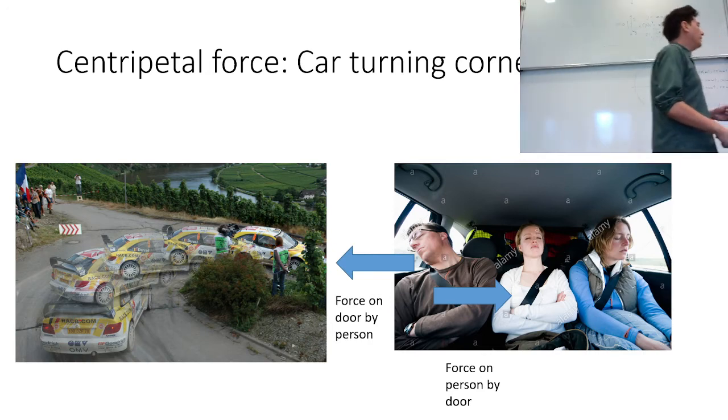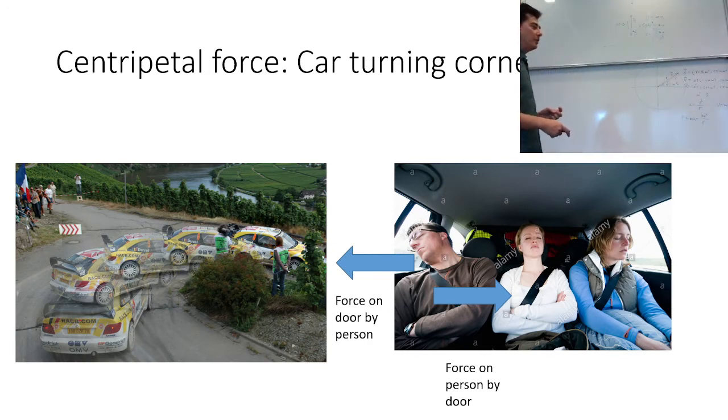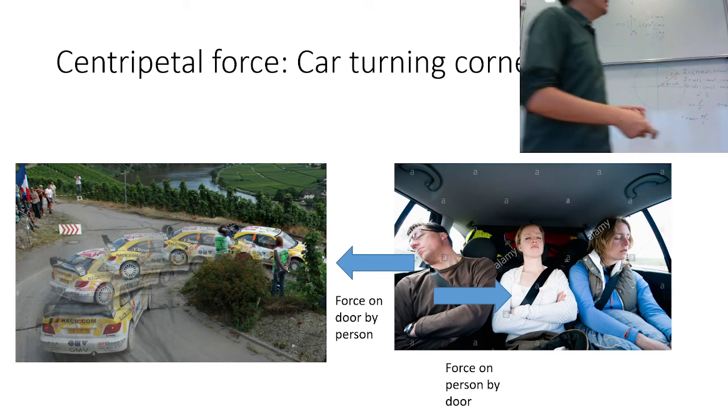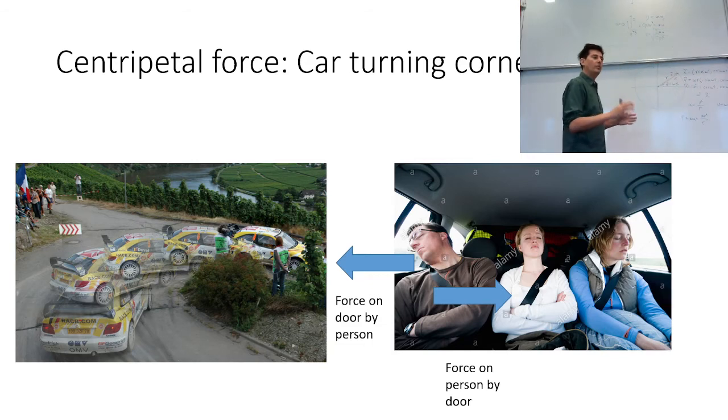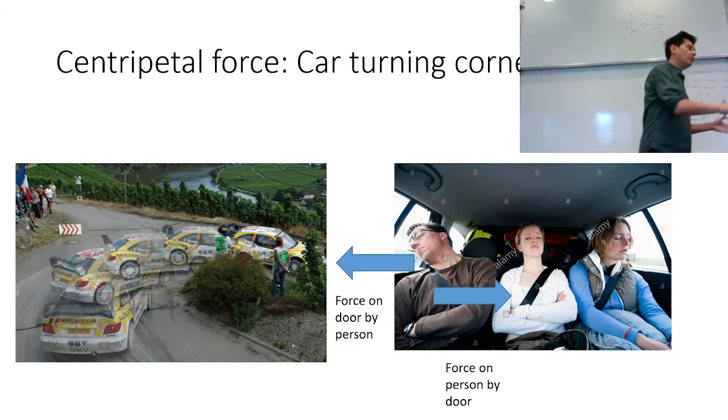So what is happening with this in terms of this centripetal force? The reason why you go the opposite direction, if you like, is that you can view it in terms of Newton's first law: things, unless acted on by a force, will continue to go in that direction.